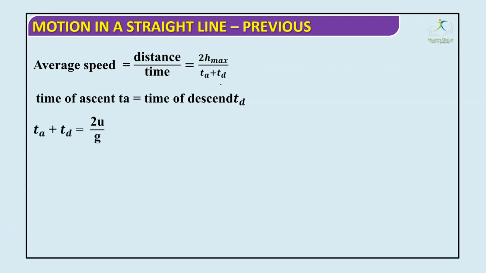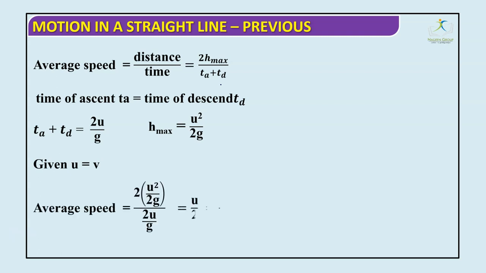Hence Ta plus Td is equal to 2u by g. From here we can say h max is equal to u square by 2g. It is given u is equal to v. Average speed is equal to 2u square by 2g divided by 2u by g, which comes to u by 2, equal to v by 2. As you can see, the correct option for this question is option 2.